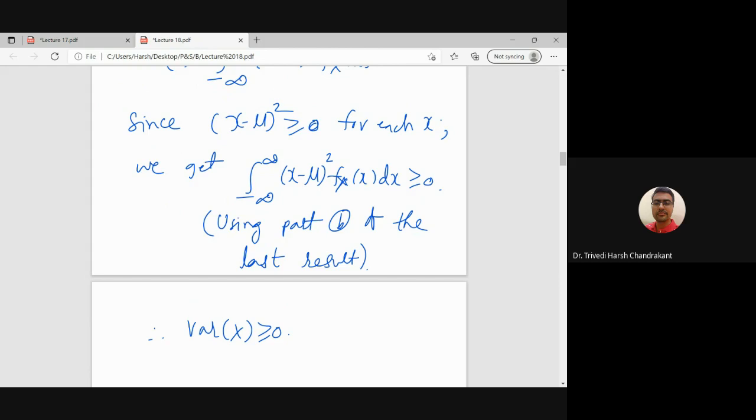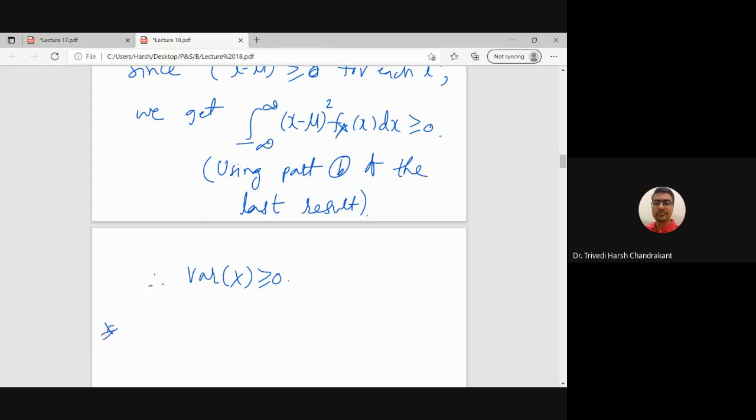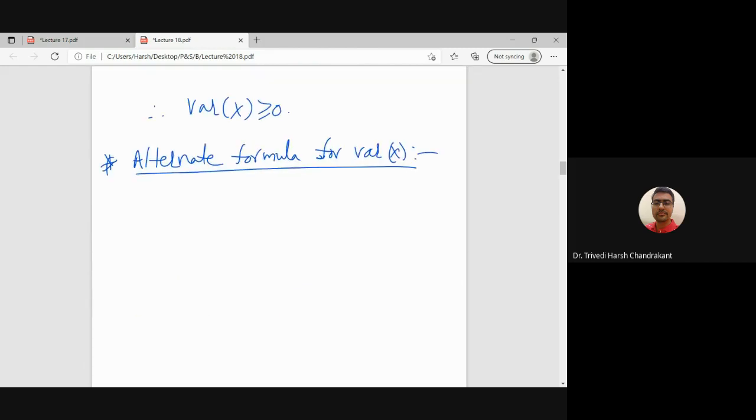Now using this information we can find an alternate formula for the variance.